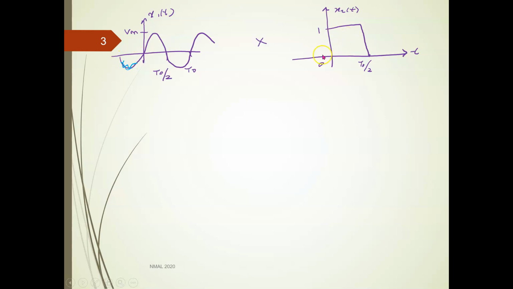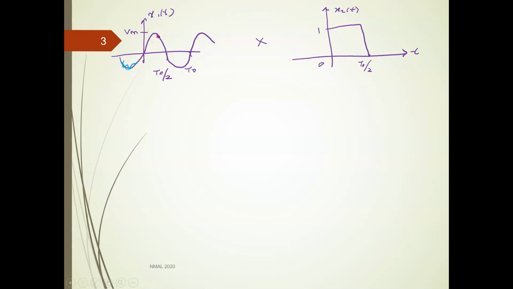Before 0, the amplitude of x2t is 0, so x1t multiplied by 0 is still 0. And from 0 to t0 over 2, x2t has value 1, and x1t has its peak amplitude Vm.